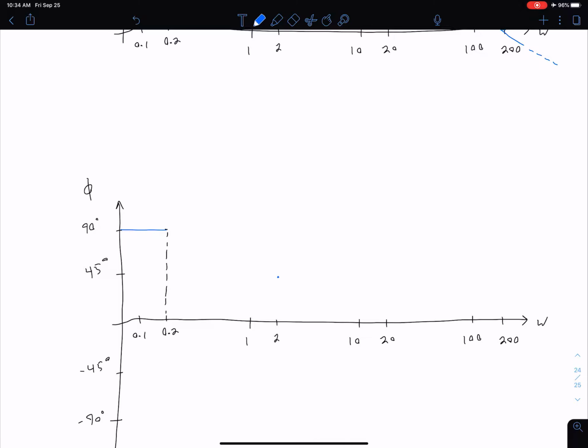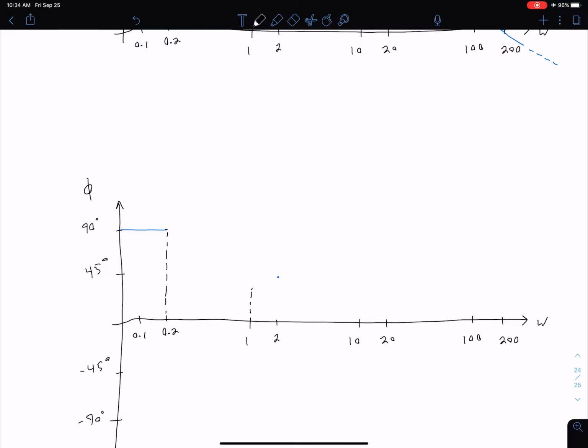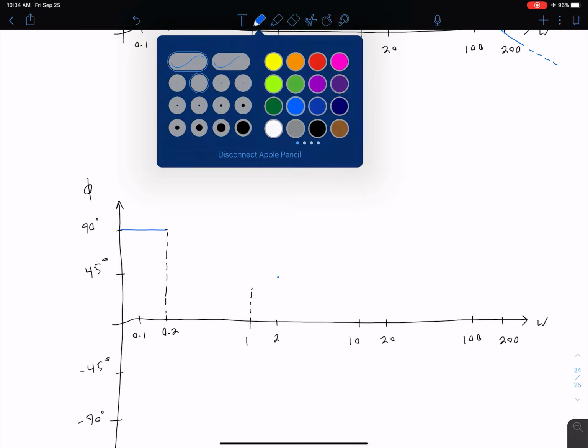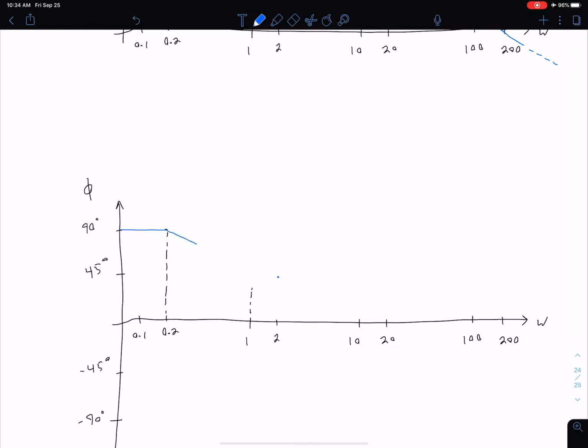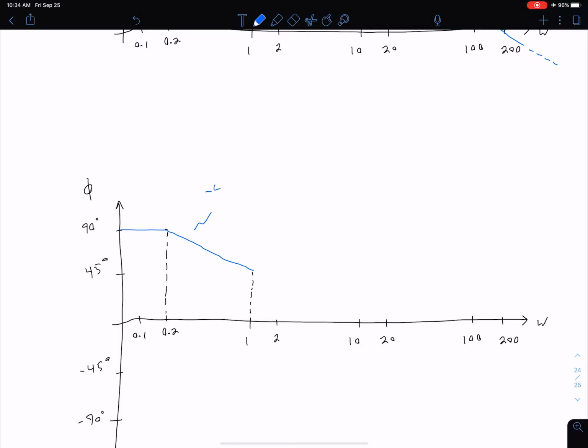So let's say we're going until we get to here with that negative 45 degree per decade. So I've tried my best to line that up as if it were going negative 45 degrees per decade. And let's label that for clarity. So here we have negative 45 degrees per decade.